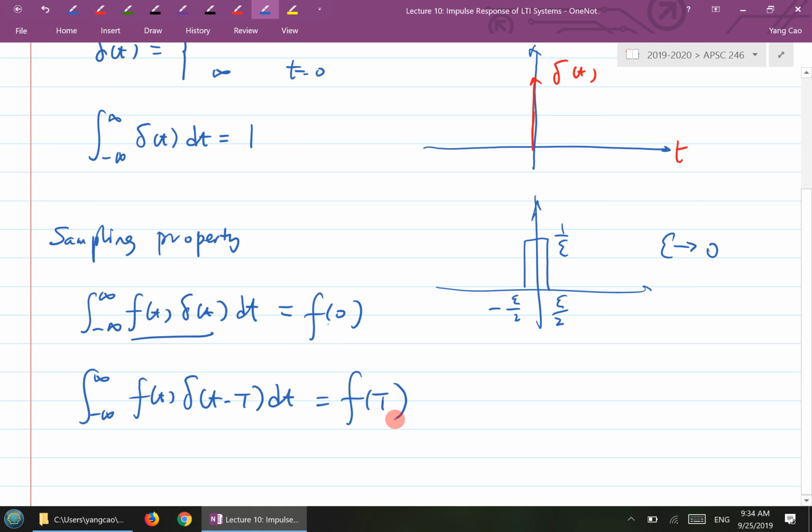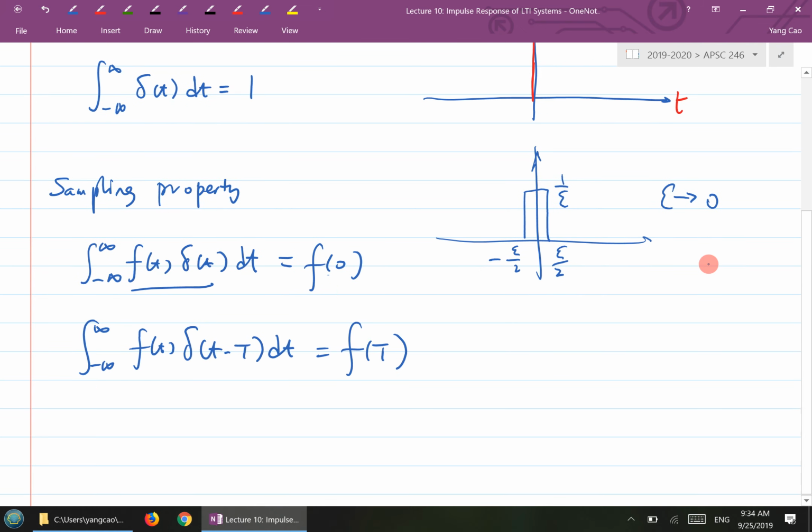So the sample value at t equal to capital T. So you can take a look at the proof in the lecture notes. A very simple proof. Okay. And sometimes this property is also called a shifting property. Okay. Just like the word itself, shifting, right? What's remained out of this operation is just one sample value. Okay.